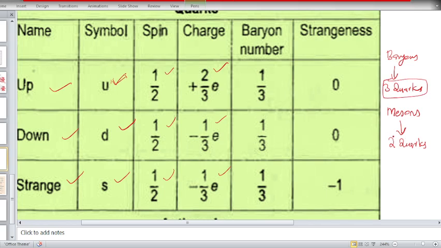In the case of mesons, these two quarks are one quark and one antiquark. One of them will be a quark, and the other one is its antiquark. So this is nothing but a quark plus antiquark pair.